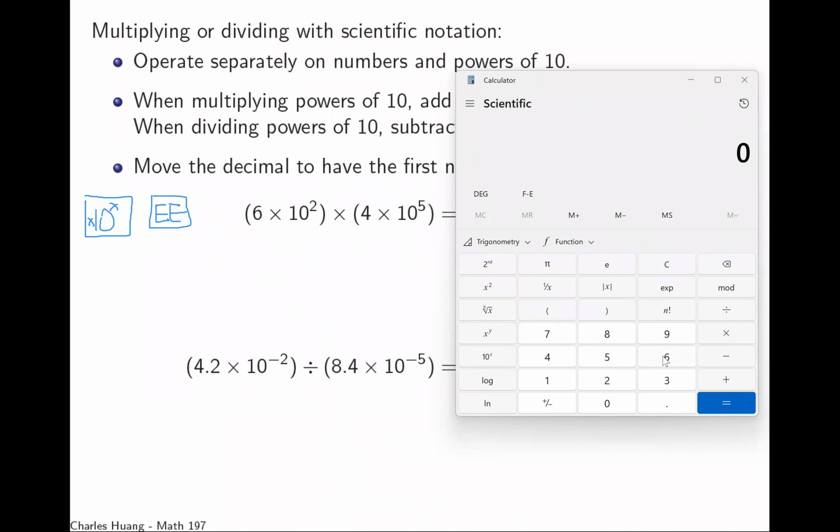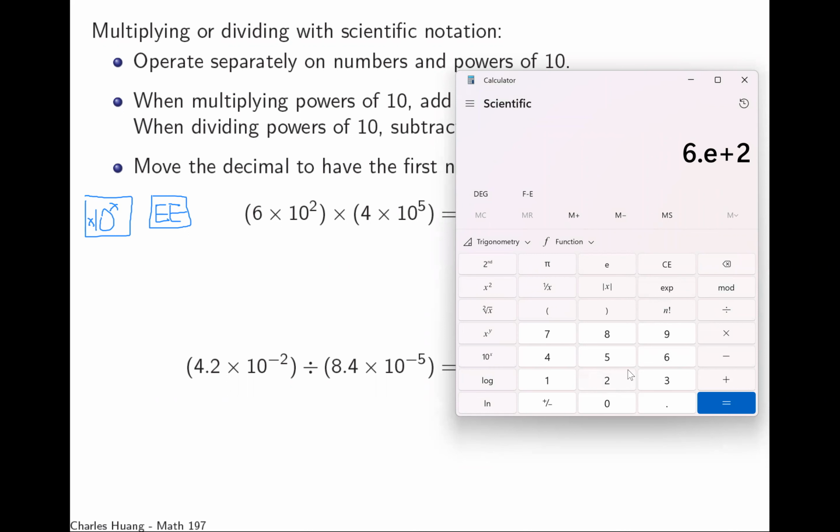All we're going to do is press 6, and then everything over here, multiplied by 10 to the power of, is simplified by one of these buttons. So I simply press the button, and usually your calculator will show you a way to write the scientific notation. In this case, I only have to put the 2.